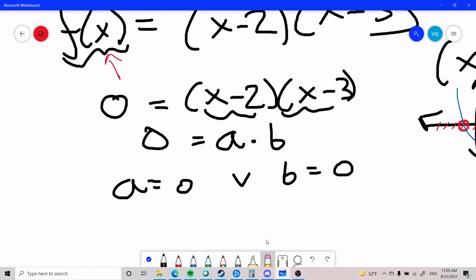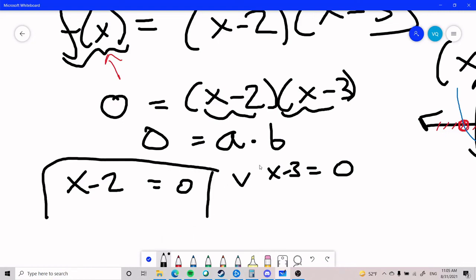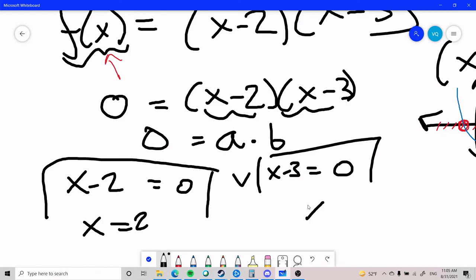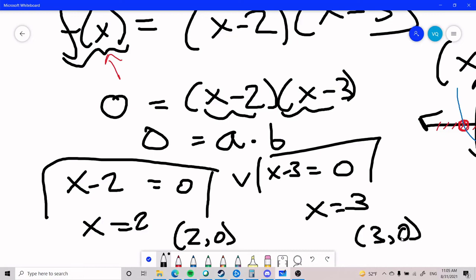And so if I go ahead and substitute these values, instead of a, I'm going to put x minus 2, and instead of b, I'm going to put x minus 3. And so now I solve individually from this step, and I end up with x equals 2 on the left side and x equals 3 on the right side, which means that my point on the left is going to be 2, 0, and my point on the right is going to be 3, 0, and those will be the two zeros of my function.